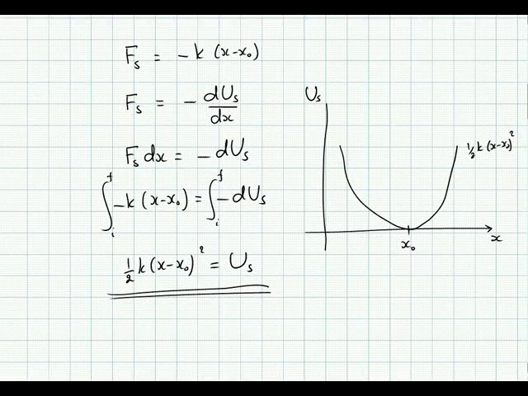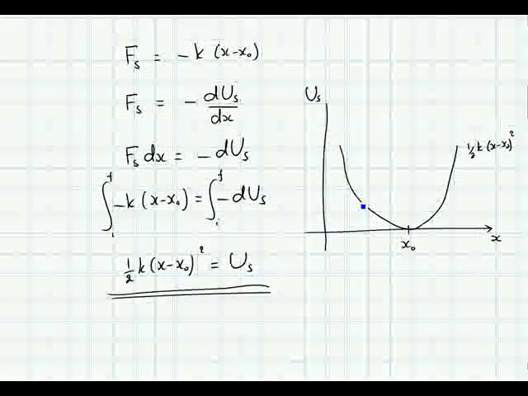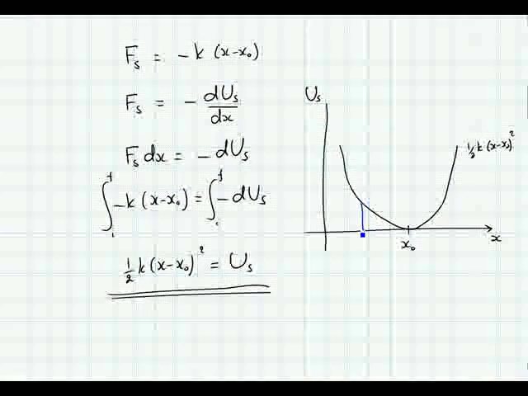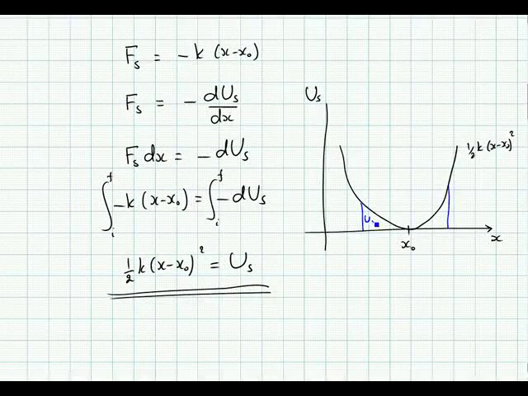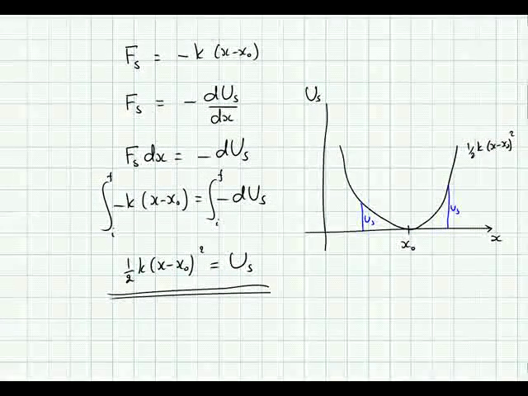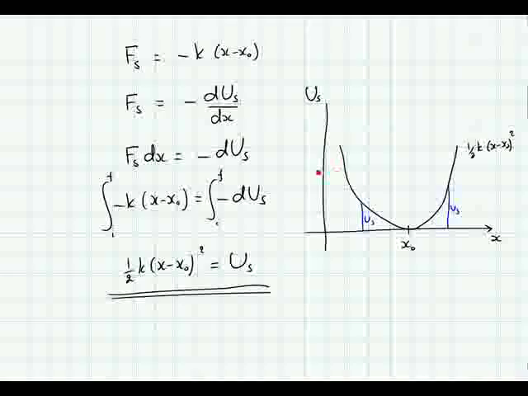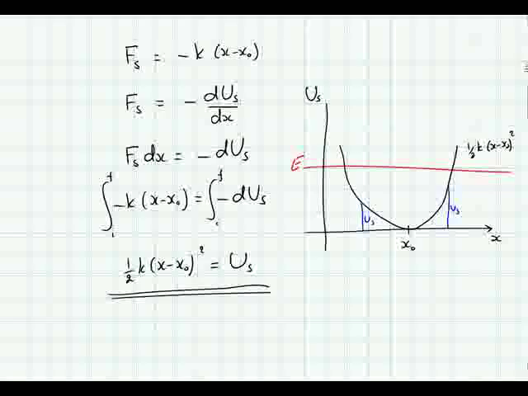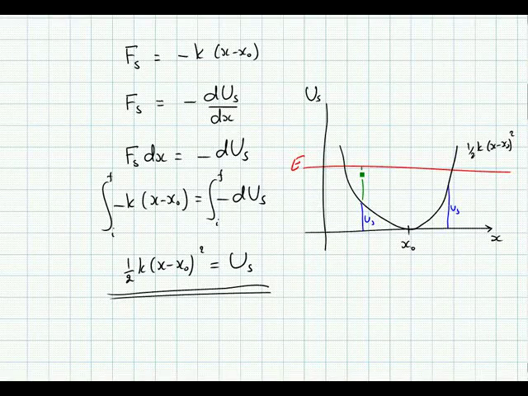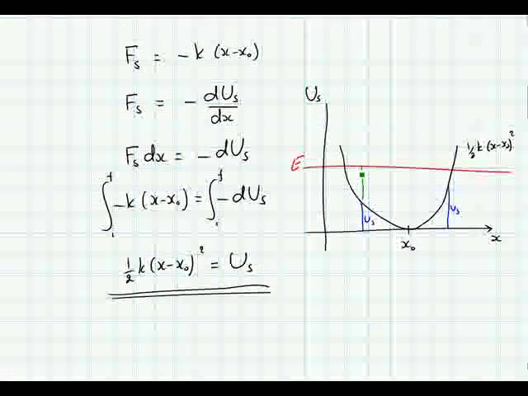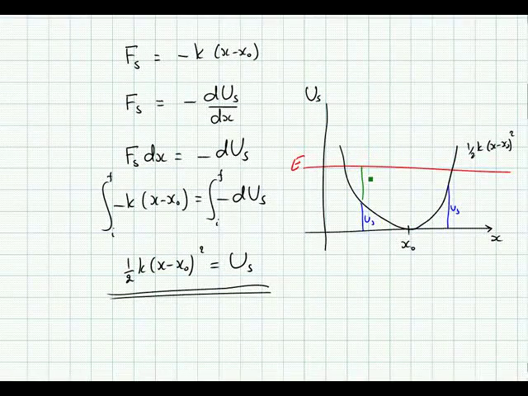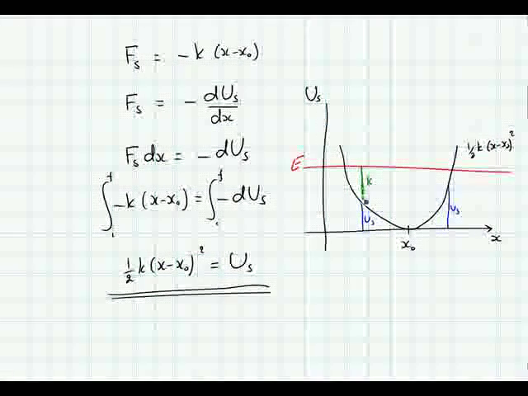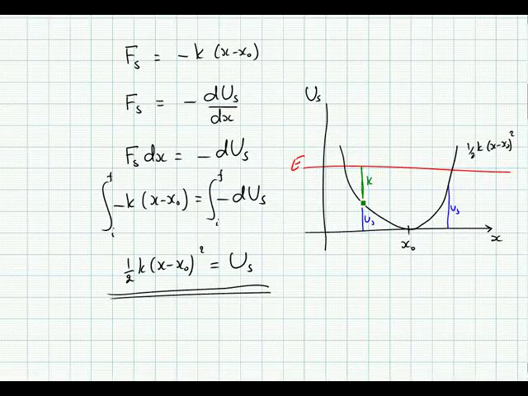So once again, the potential energy that the spring has is given by the graph. So these are Us values, and if we say that the total energy is limited to this value, then the kinetic energy that the object has at any position is simply the remainder of E minus Us.